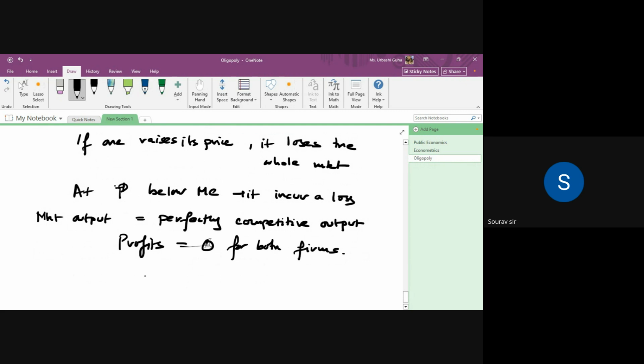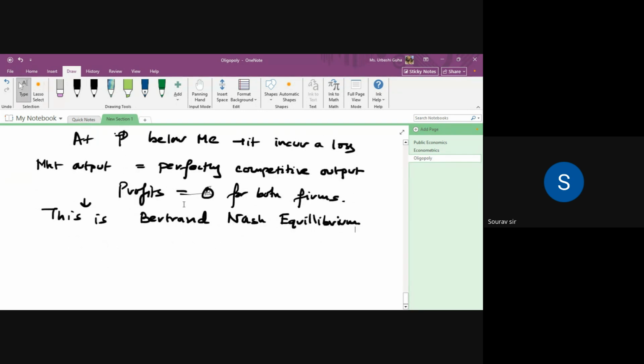Okay. So this is what we call the Bertrand-Nash equilibrium. So, the Bertrand paradox.